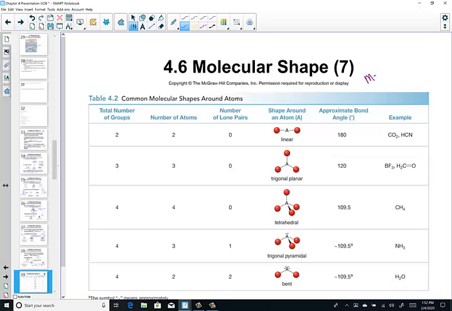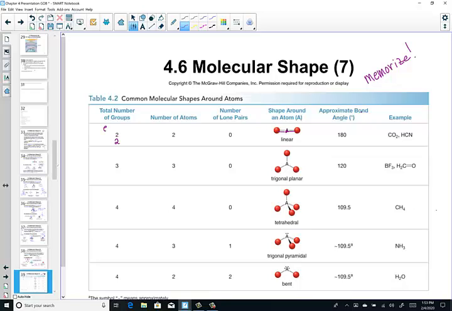These are the molecular shapes that you need to work to remember based on the number of atoms and lone pairs around the central atom. We said, as an example, a linear molecule leads to just 2 other atoms. The electron domain, total number of groups, is 2.